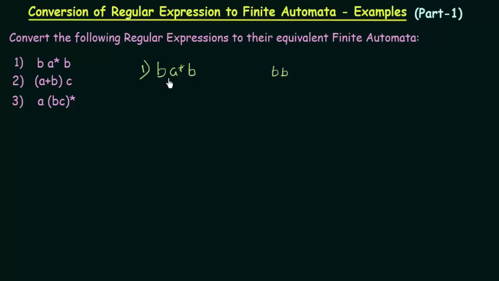It should have b followed by zero or more a's, which is a closure, and then followed by a b again. So bb means there is no a in between, and it could also be bab, that means one a, then baab, and so on. So we need to design the finite automata for this.